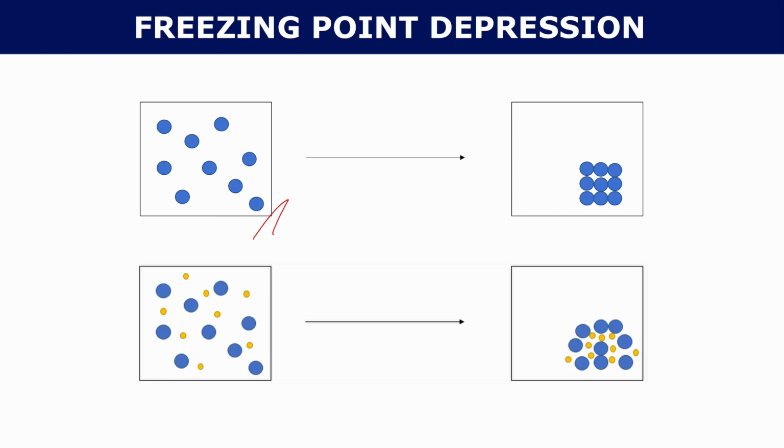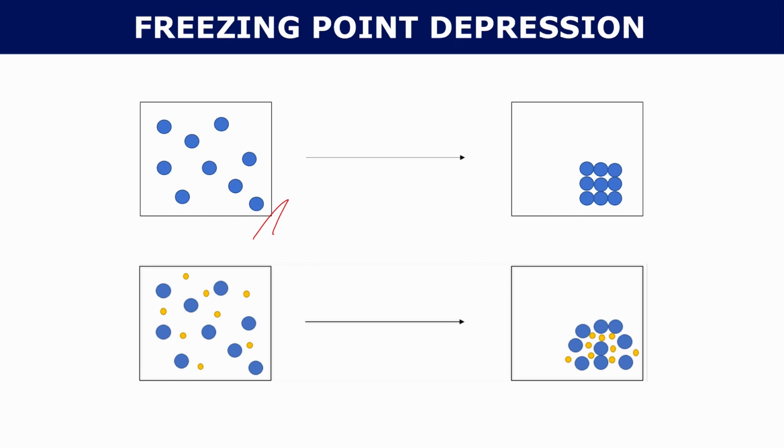Now, if I introduce some solute particles, as the temperature goes down, the particles get closer and closer together, but the solute particles prevent them from getting as close as they want to be. That means you have to lower the temperature before you reach your freezing point. So the freezing point depresses, or gets lower. You need lower and lower temperatures to get the solution to a solid form, because the particles are physically blocking them.